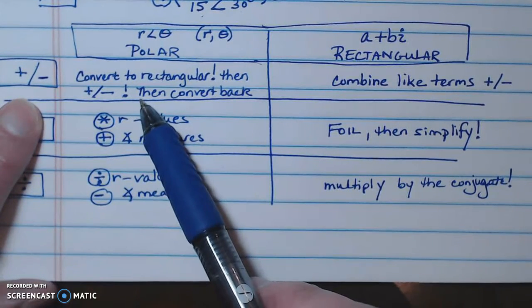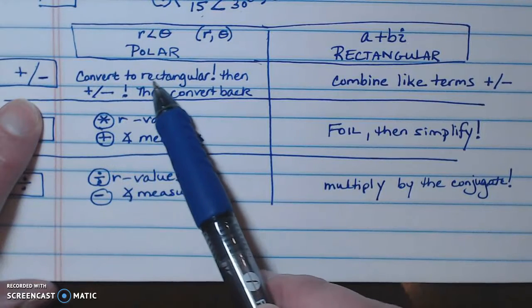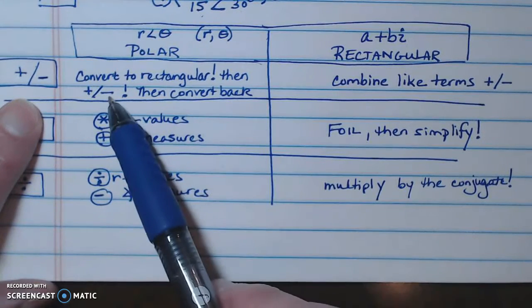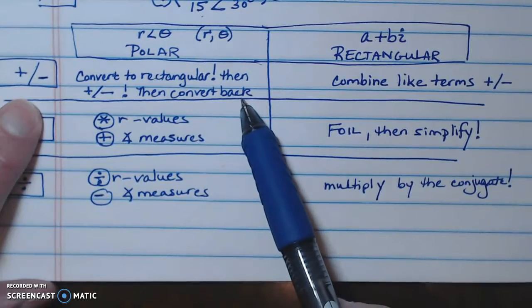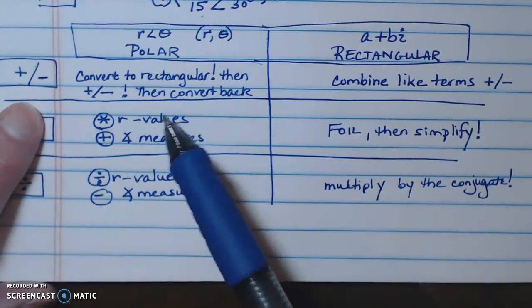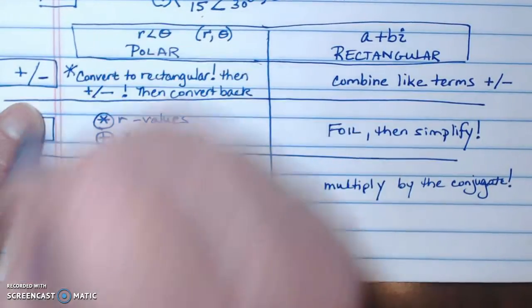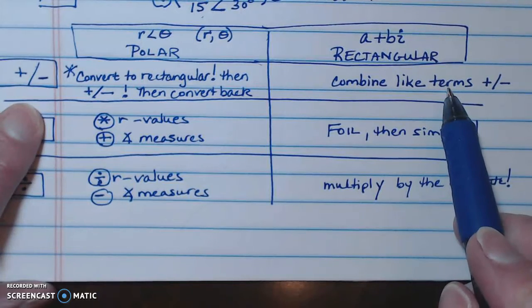In polar, on the other hand, you have to convert to rectangular and then add or subtract in rectangular form and then convert back to polar. So this is involved. This is easy.